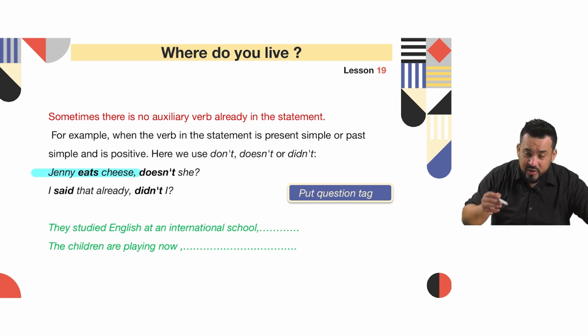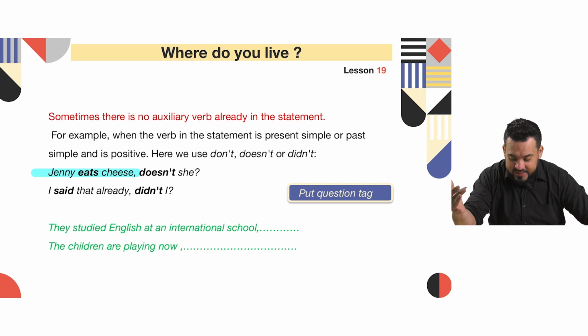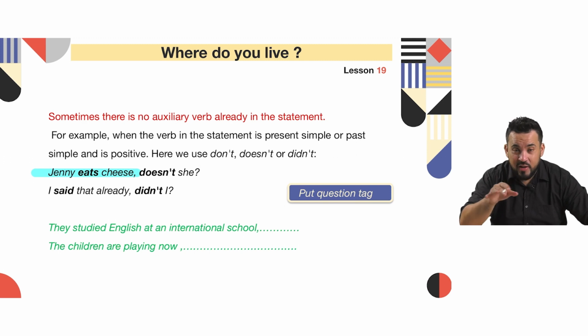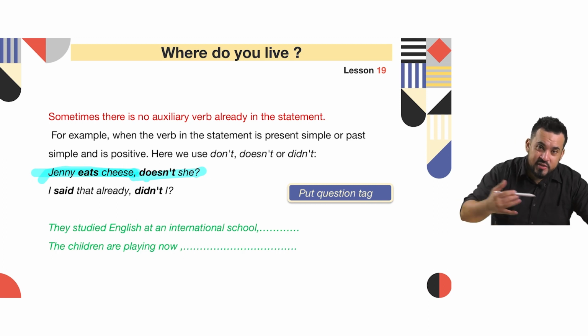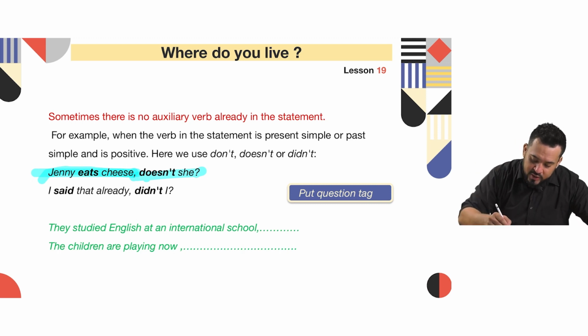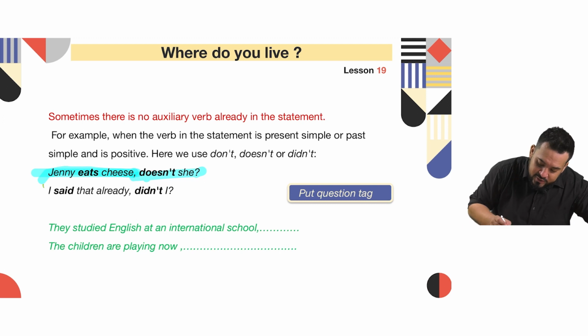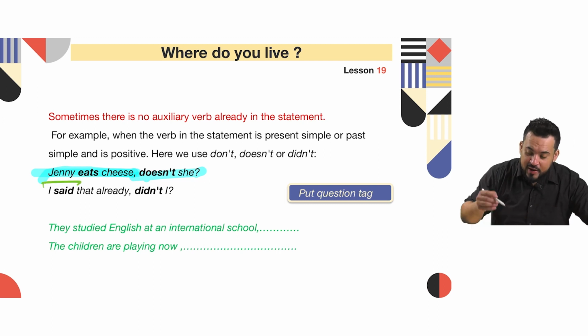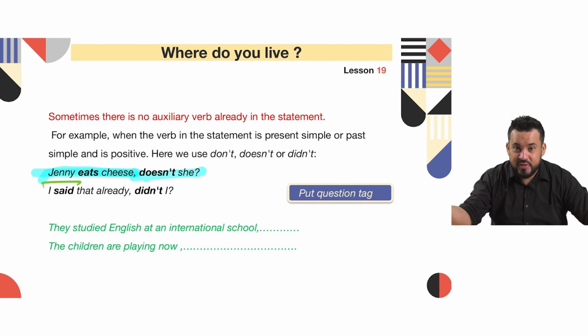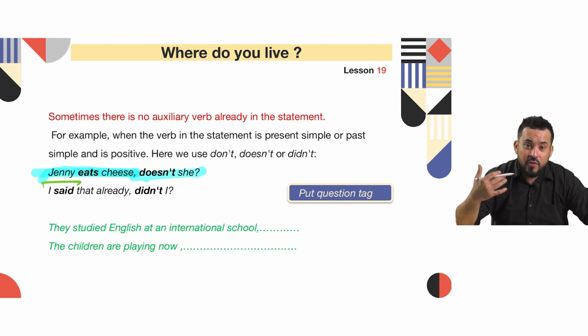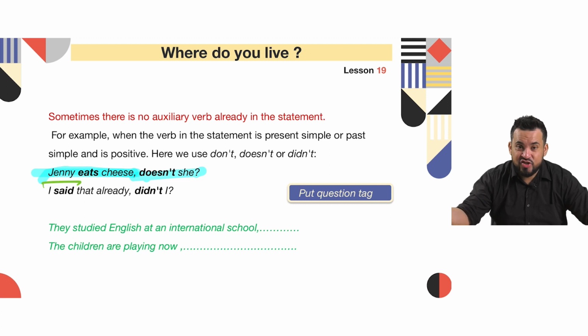Oh, that's not James, sorry. Jenny eats cheese. I was wondering because I know James doesn't like cheese. That's a fact. James hates cheese, but Jenny loves it. Jenny eats cheese, doesn't she? Doesn't, because we're talking about a single person, a single noun, and that is Jenny. And if I make it a question, it will be, does Jenny eat cheese? If I make it a negative, it will be Jenny doesn't eat cheese.